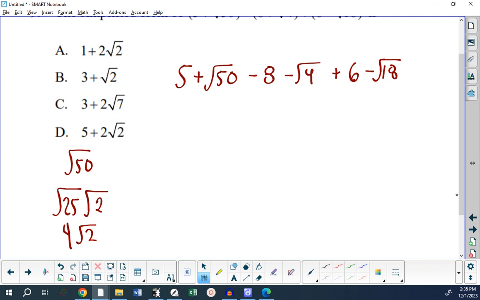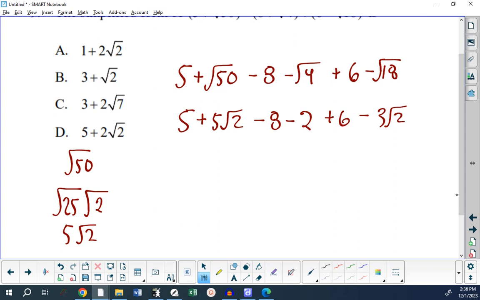So we have 5 plus 5 root 2. You wonder where that 4 came from, eh? Plus 5 root 2 minus 8, and then we have minus 2 because root 4 is 2, plus 6, and root 18 is 3 root 2, okay?